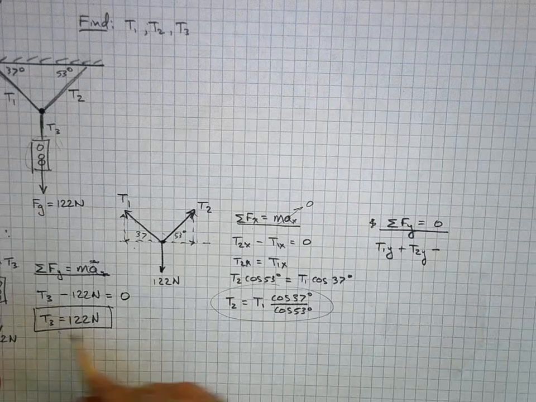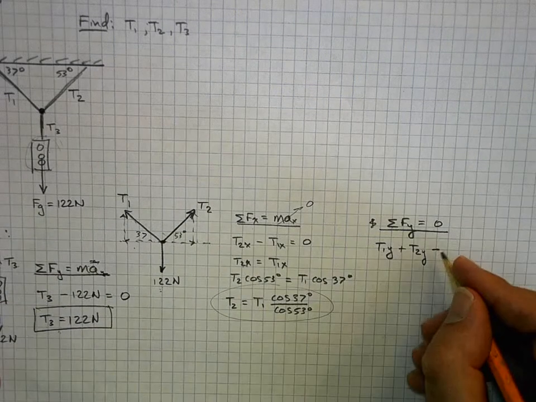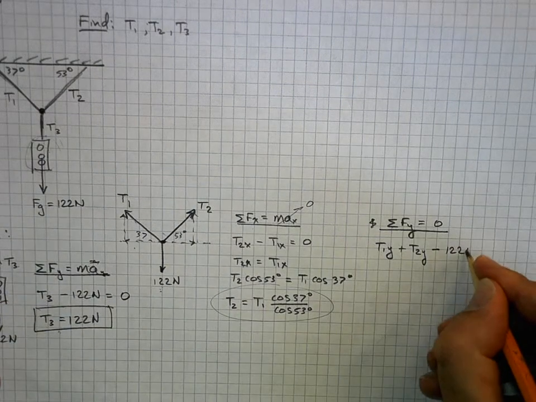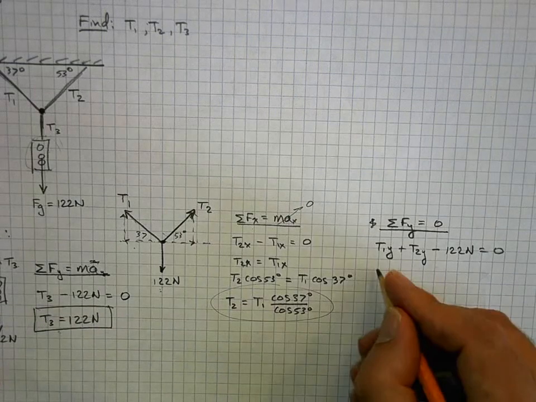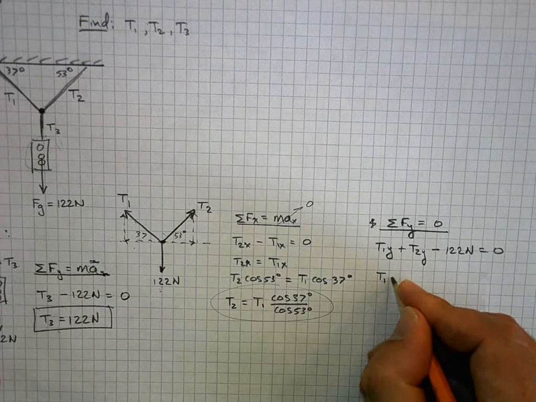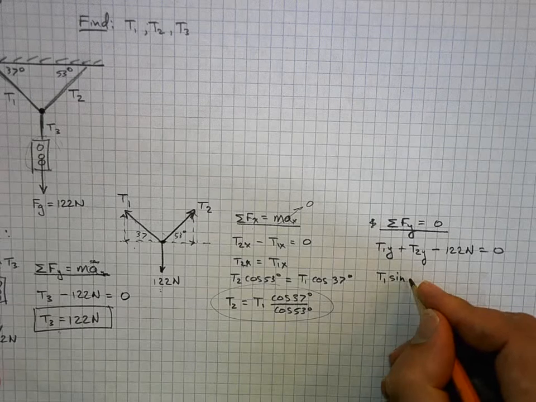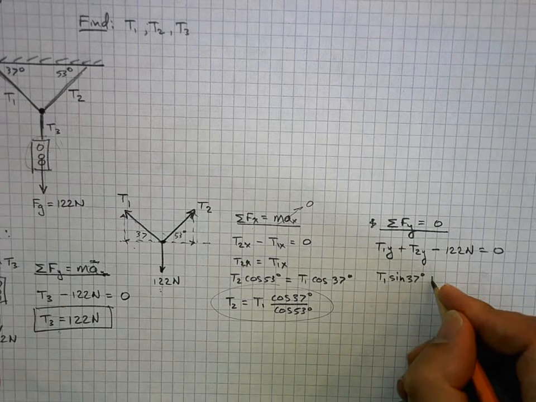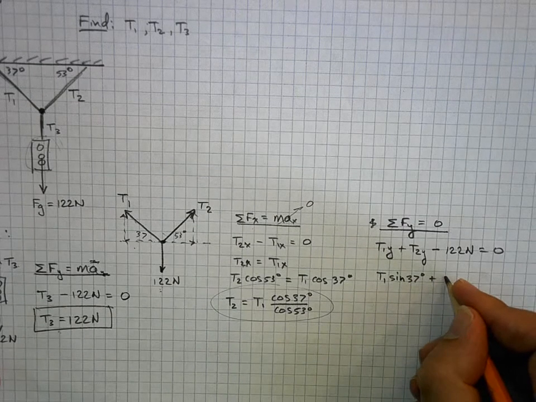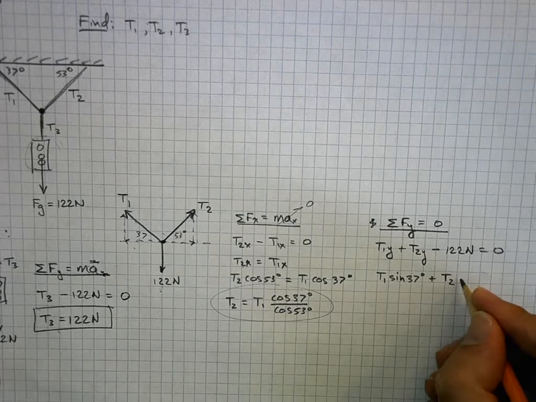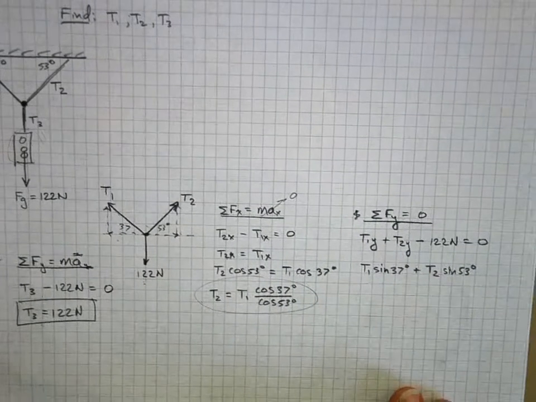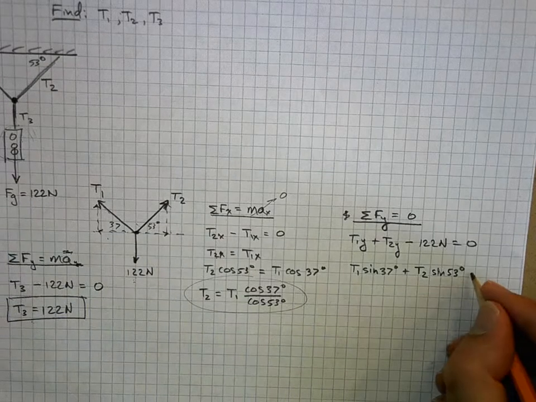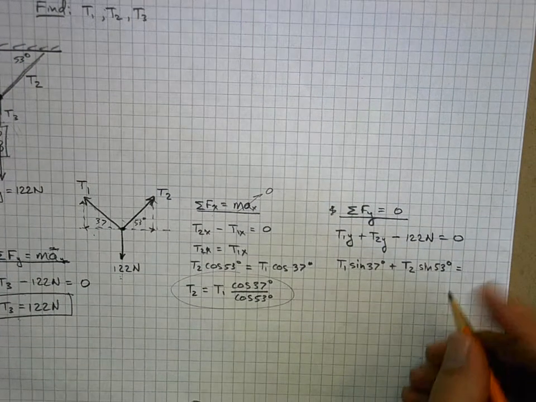Minus T3, which is 122 newtons, equals 0. So this is T1 sine 37 degrees plus T2 sine of 53 degrees. Am I still on screen? Yeah. Equals 122 newtons.